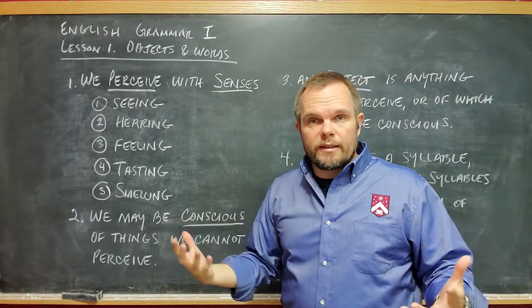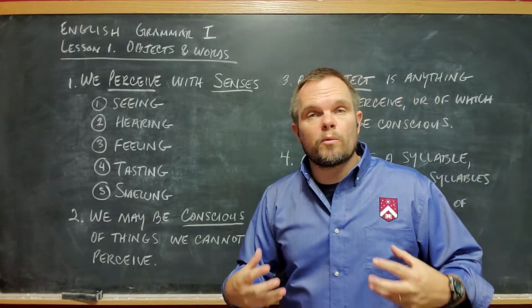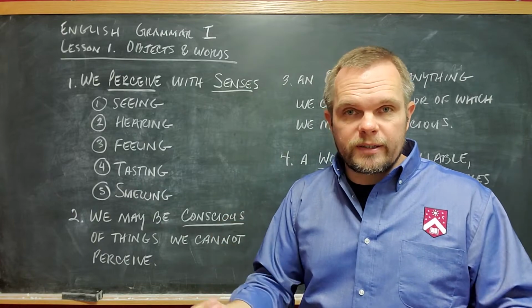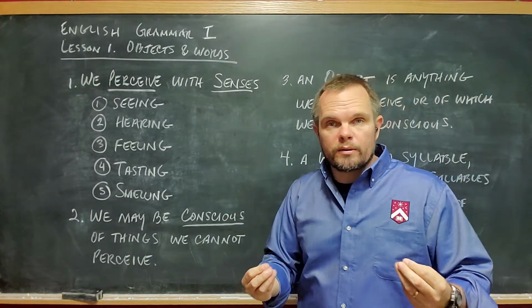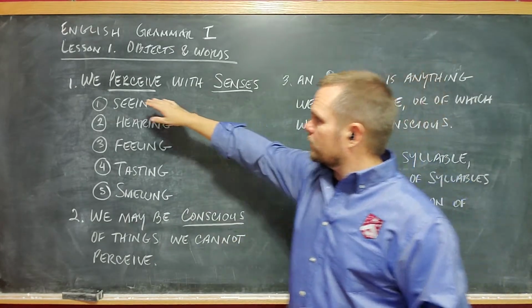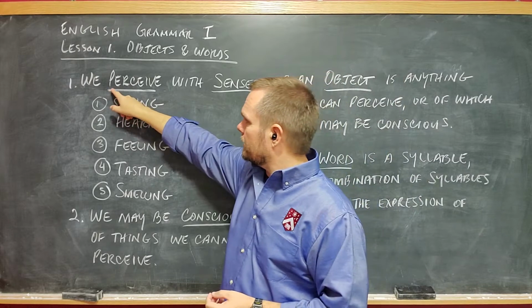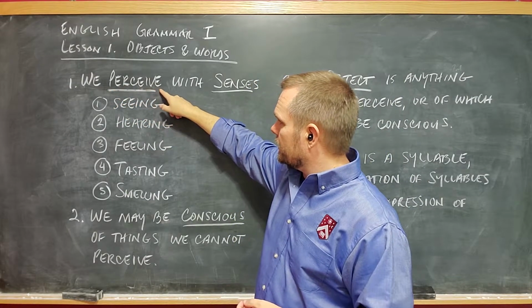When we use our senses to know things, to learn things, we say that we perceive things. We perceive with our senses. And the word perceive is written up here, and you can see it's spelled P-E-R-C-E-I-V-E.